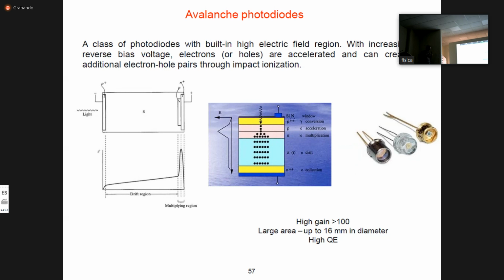If you apply a high electric field, like in gas detectors, you can create an avalanche. The electron has enough energy, which it gets from the external field, and it ionizes the matter. Doing this, you can create avalanches of electrons and significantly improve your amplification.